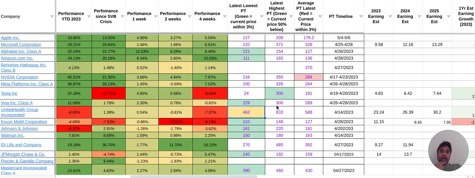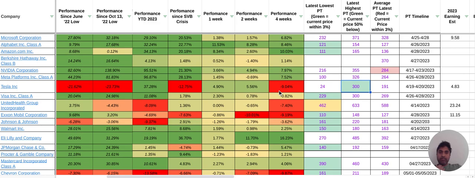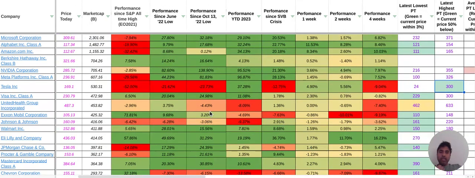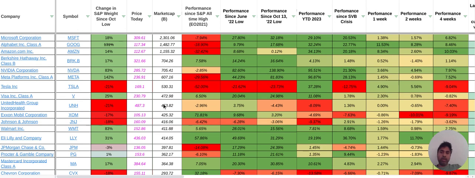For the highest price target, it's green if it is 50% or more. So let's see which it is. 300 is green for Tesla, right? 300 is your highest price target, and right now the Tesla price is 169. Why is it green? Because there is around $131 to be made if it actually meets the highest price target. Why is it still green? Because $131 is more than a 50% gain.